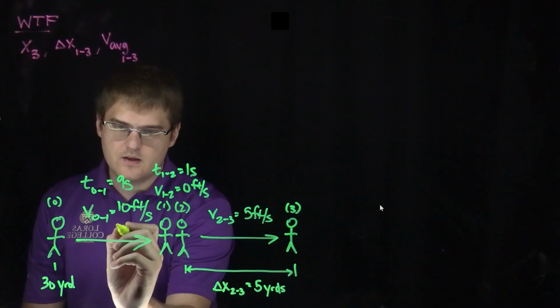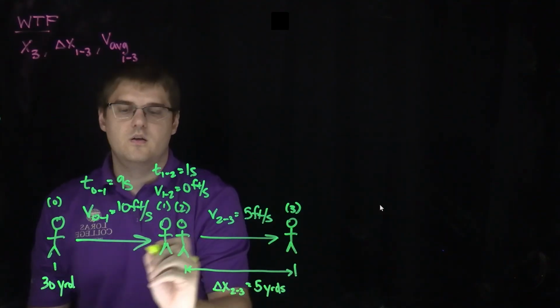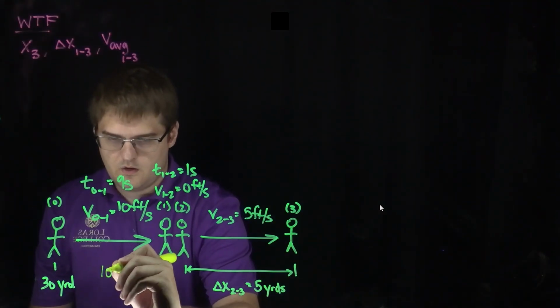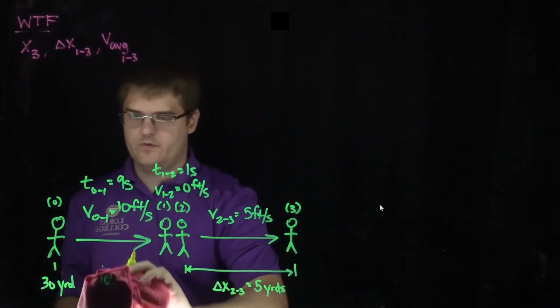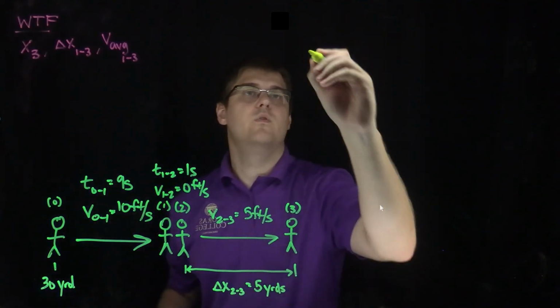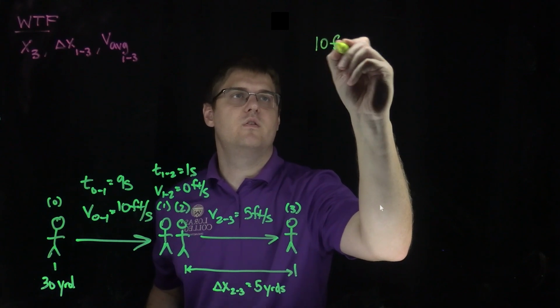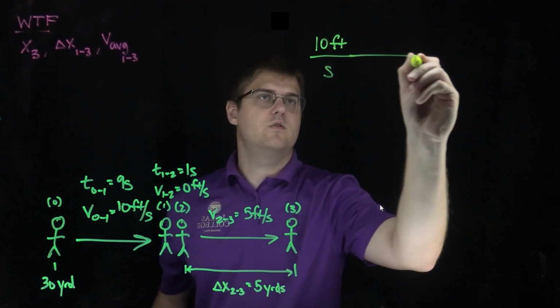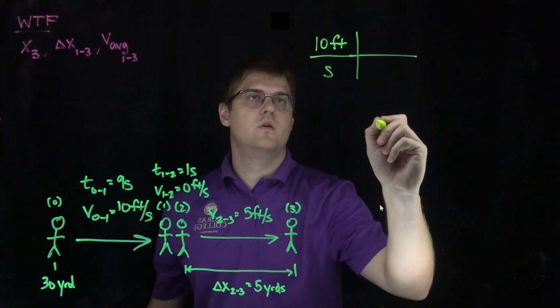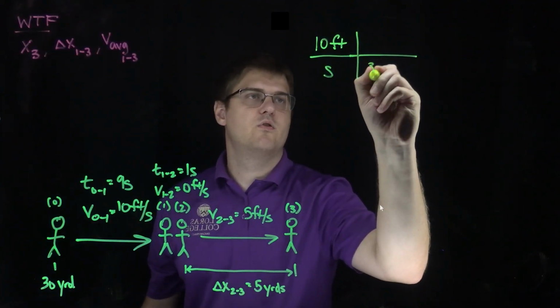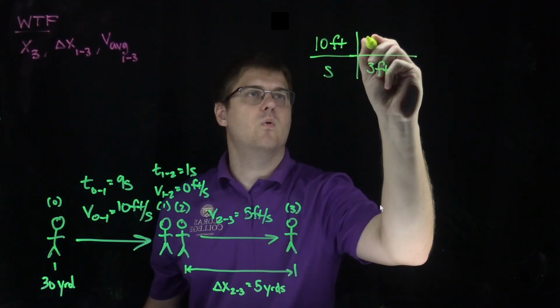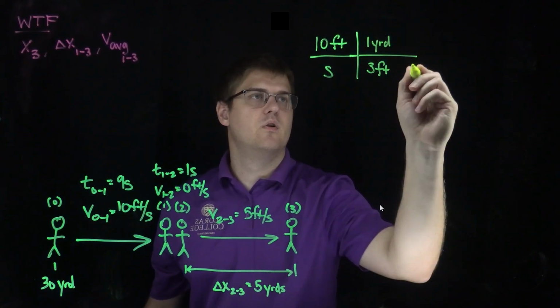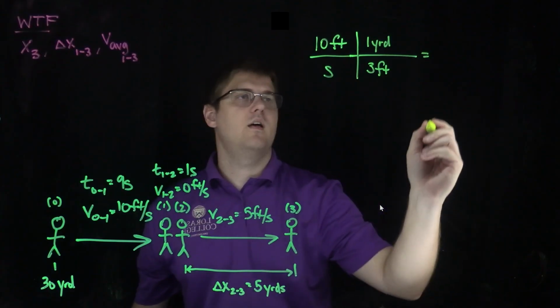So 10 feet per second is going to be, you know what? Let's put it up here. We've got 10 feet per second, and I would like this to be in yards per second. So I know that 3 feet is 1 yard. So I've got 10/3.